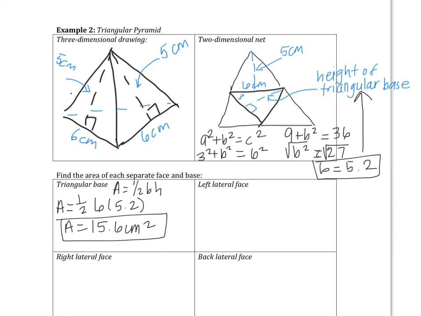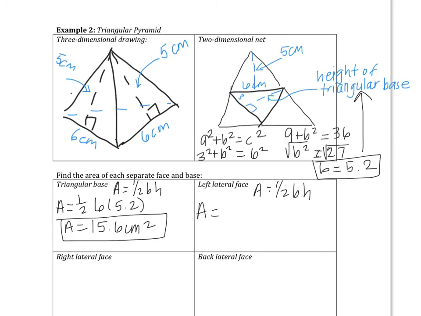So the left lateral face is going to be this one right here, which is going to be the same dimension as this. So I'm going to put area equals half base times height.